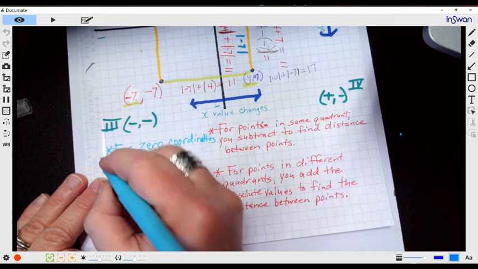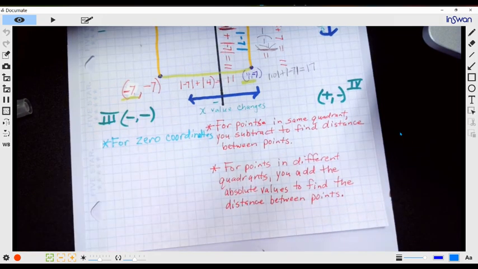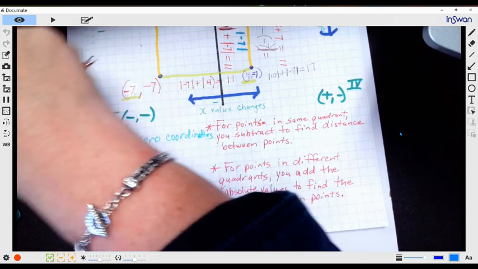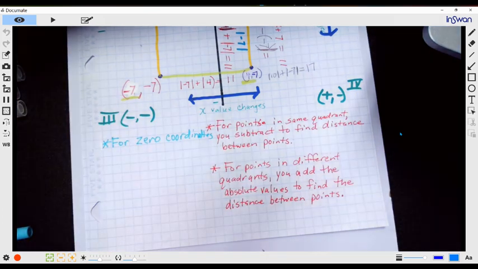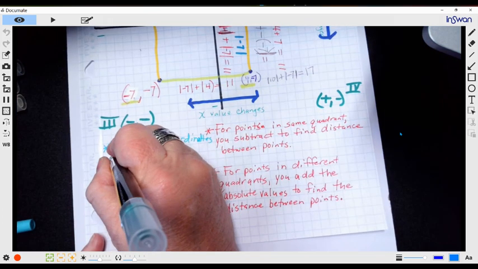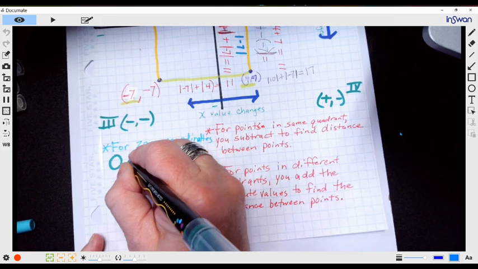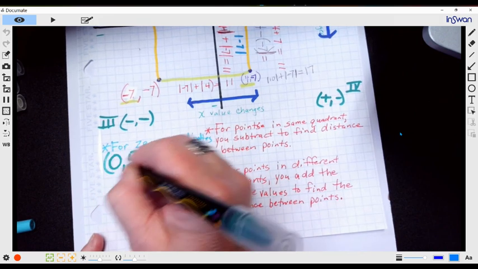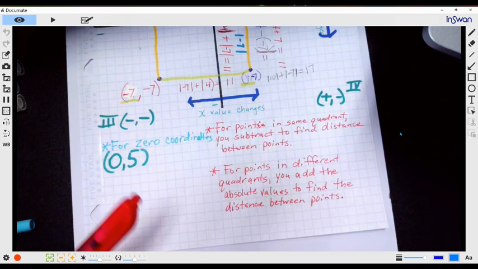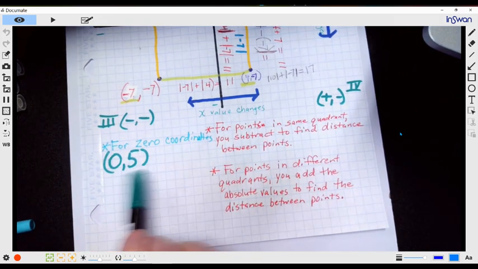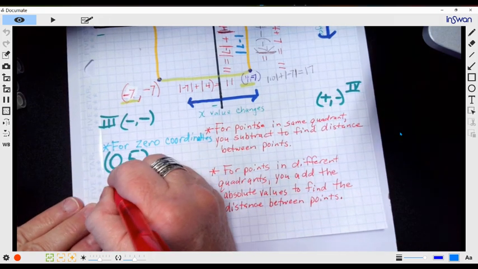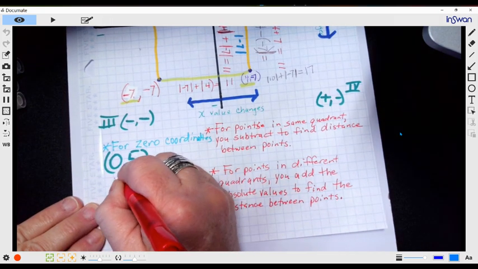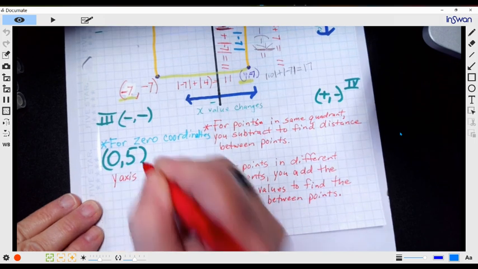So for example, if I have the coordinate, well, let's just use 5. If I have x is my 0, 5 is my y, for that, my x, I'm not going to be moving side to side. So that is actually going to be on the y-axis.